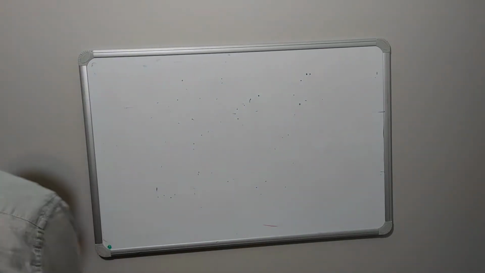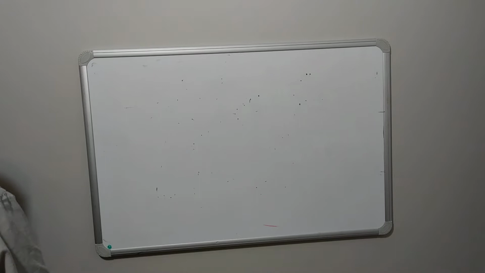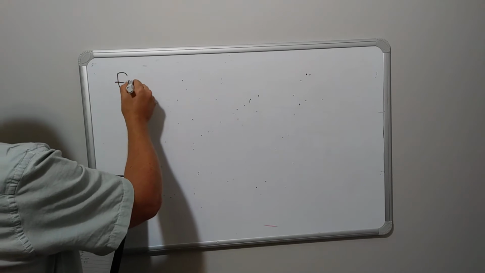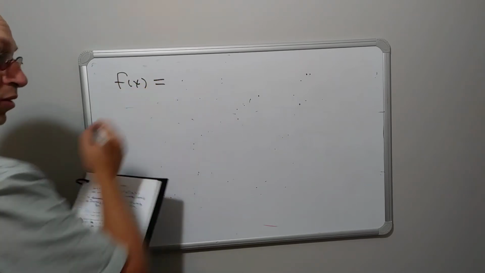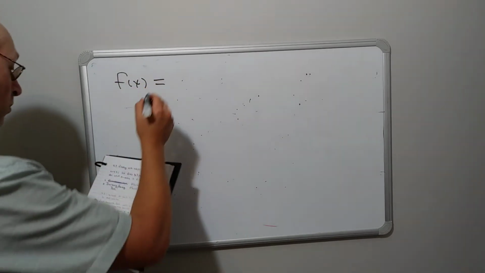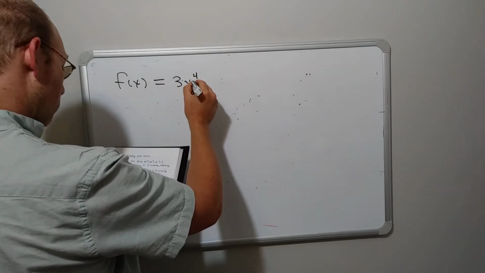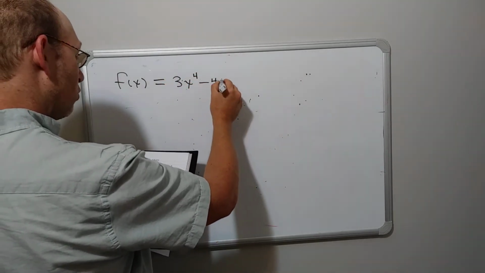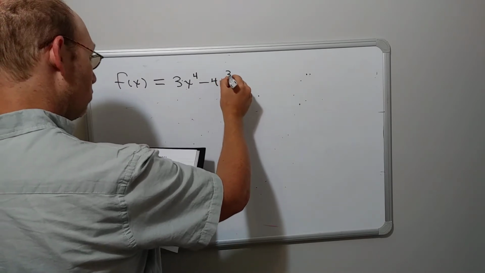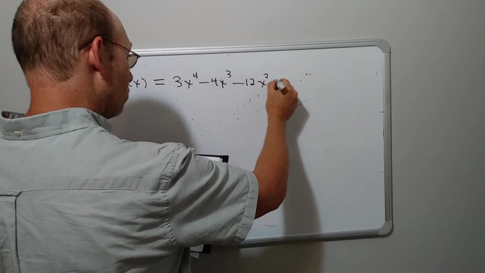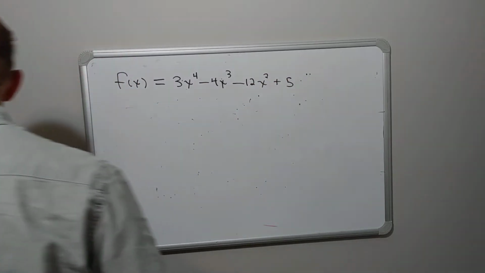So for our first example, let's look at the function f of x is equal to 3x to the fourth minus 4x cubed minus 12x squared plus 5.